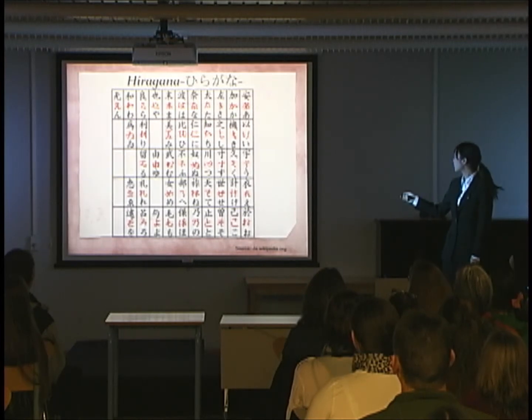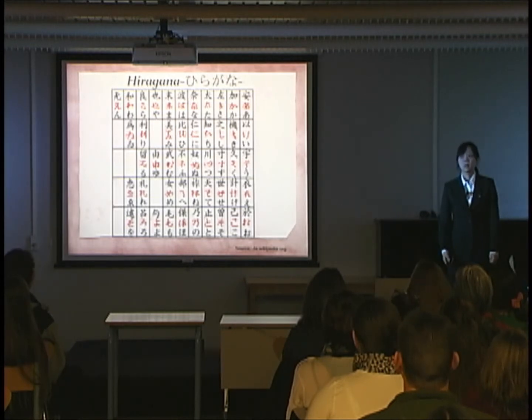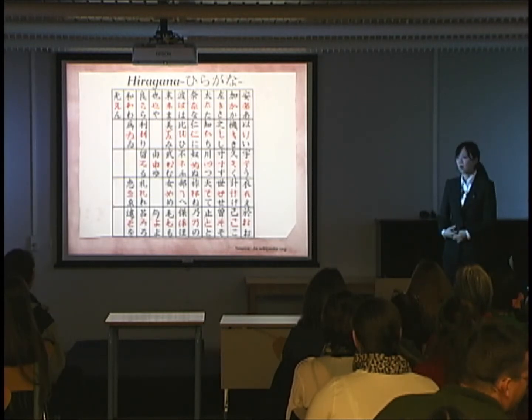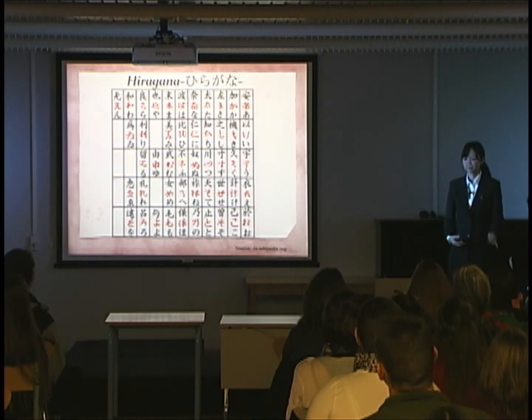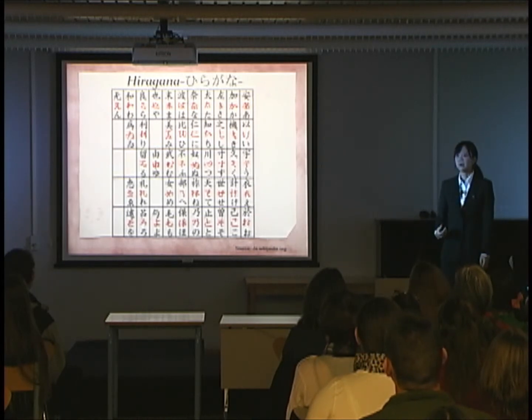Hiragana was made to simplify from kanji. At that time, women of high status used hiragana to write poems, stories, and diaries. Our next group will explain a story written in hiragana later.